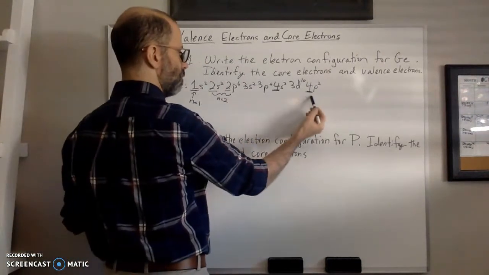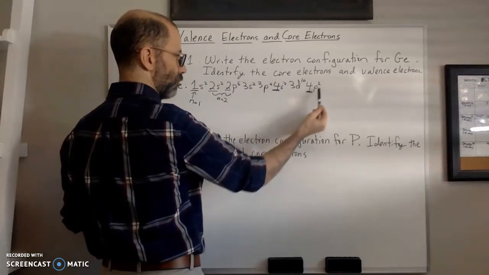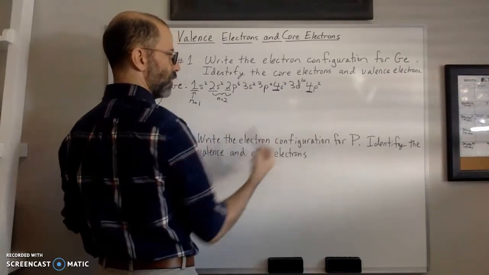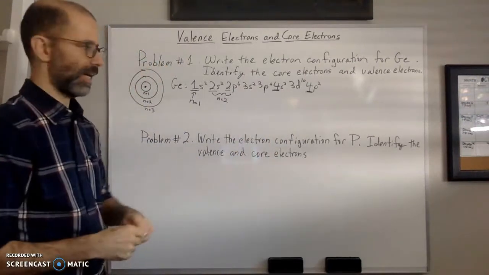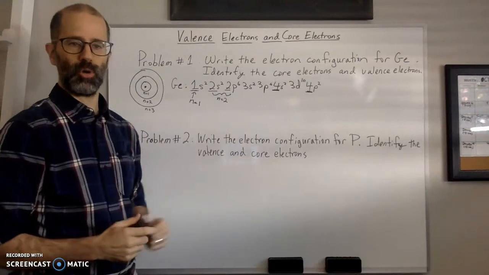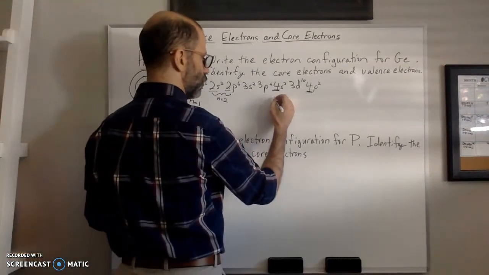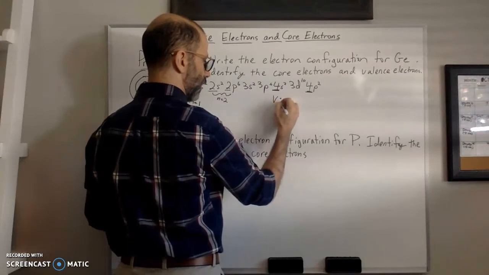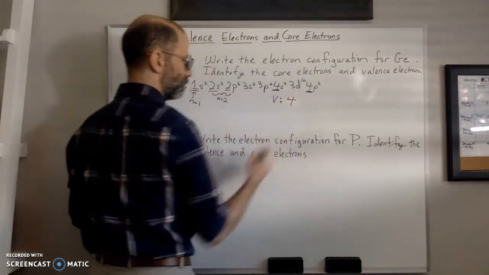So here we have 2 electrons in the 4s and we have 2 in the 4p. We do not count the d electrons because it has a 3 and that is lower. So the number of valence electrons here, I'll just say V for valence electrons, is going to be 4.